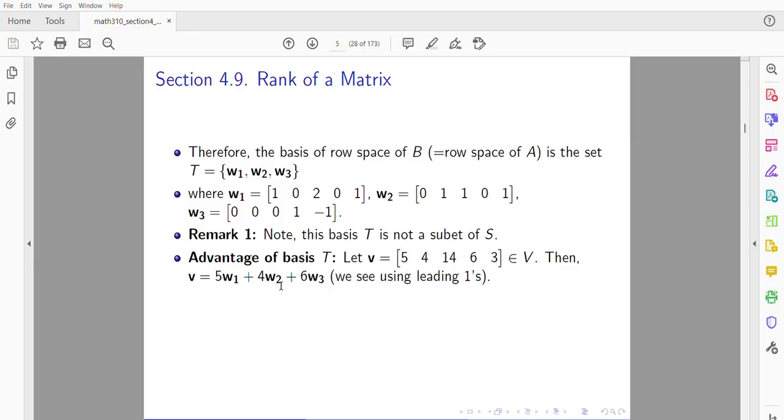And then notice I have a leading one here at the 4th location, so that's 6W3. It's so simple. If you use reduced row echelon form, the rows are such that you can immediately see from a vector what the coefficients should be. Okay, you can check for yourself.